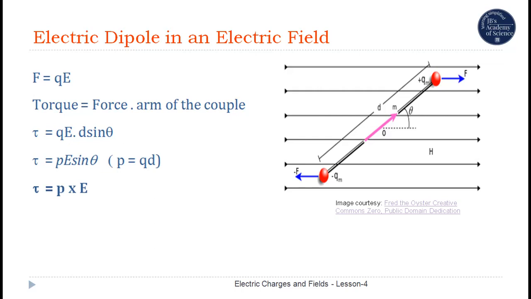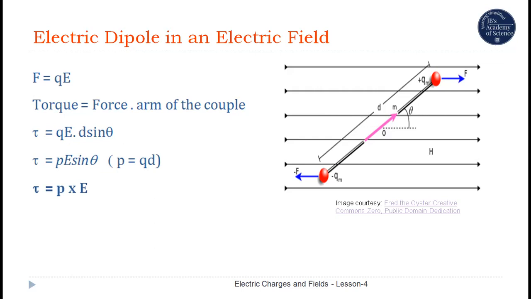It is the perpendicular distance between the two forces. What is the perpendicular distance between the two forces? If d is the length of the dipole, then the arm of the couple is d sine theta. The perpendicular distance between the two forces will be d sine theta.